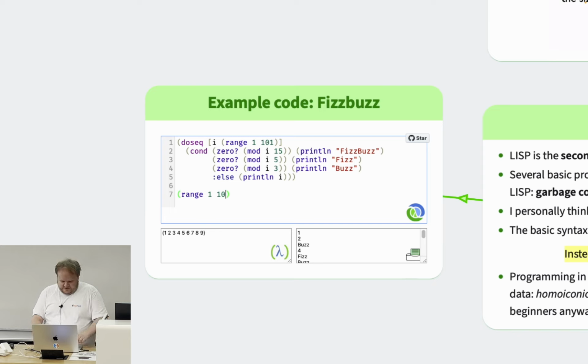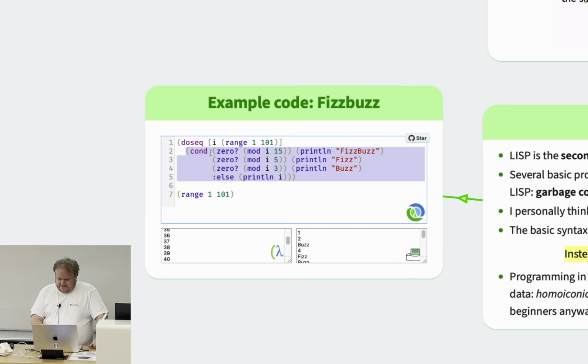So range from 1 to 100 are all the inputs, and doseq here runs for all the values i inside of this range. So i is basically sort of like a for cycle, you know, in other programming languages. So i becomes 0, it becomes 1, okay, and then it goes inside.